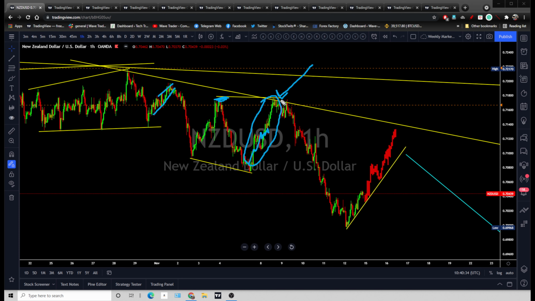So same again, there is a correction. It's not finished yet. It can extend all the way back to 71.40, or it can break out before hitting that 71.40. So the correction is underway.